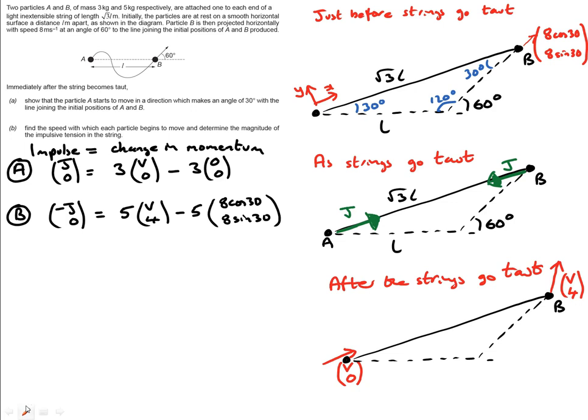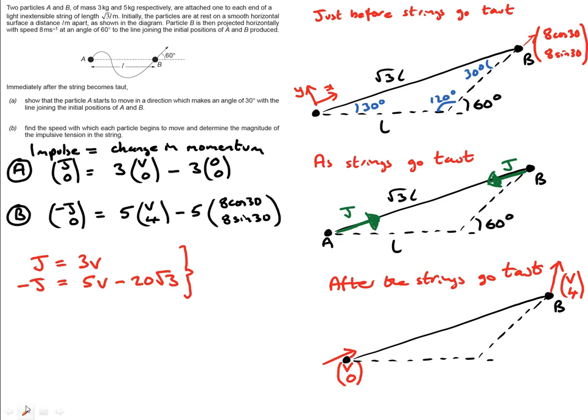So we've got minus j, 0 is the impulse, equals the final momentum of B, which is 5 times the vector v, 4, take away the initial momentum of B, which is 5 times 8 cos 30, 8 sine 30. So looking at the two x equations that we've got, j equals 3v, and we've got minus j equals 5v minus 20 root 3.